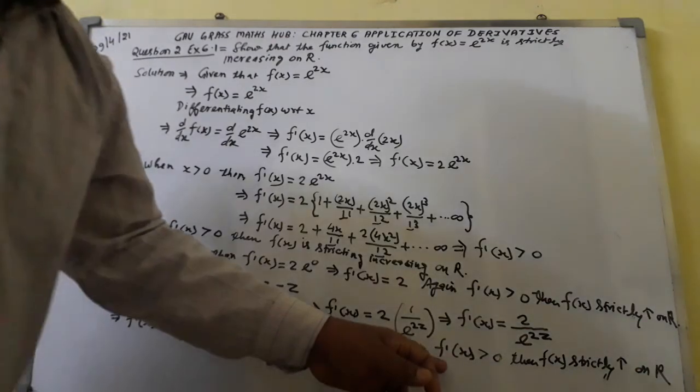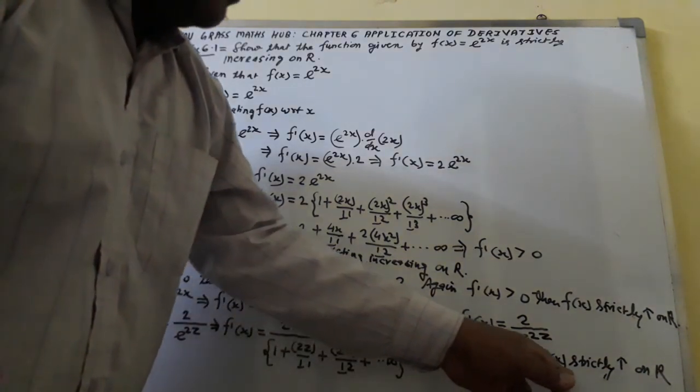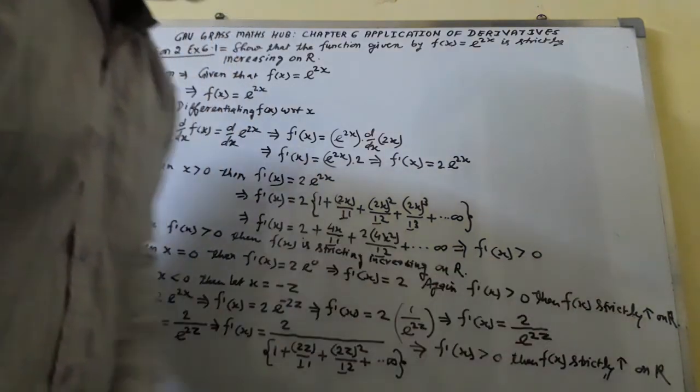In this case also f dash of x is greater than 0, then f of x is strictly increasing on the set of real numbers.